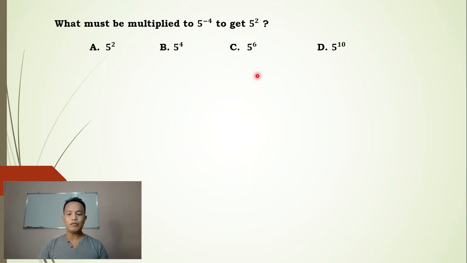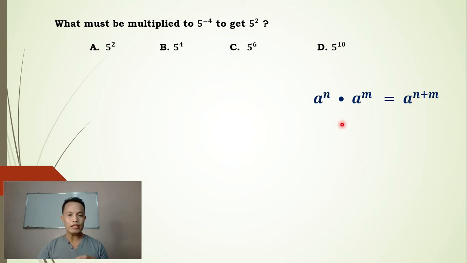And since this is multiplication of exponential expressions, we have the law on power of a product. If a raised to n is multiplied to a raised to m, this is equal to a raised to n plus m.